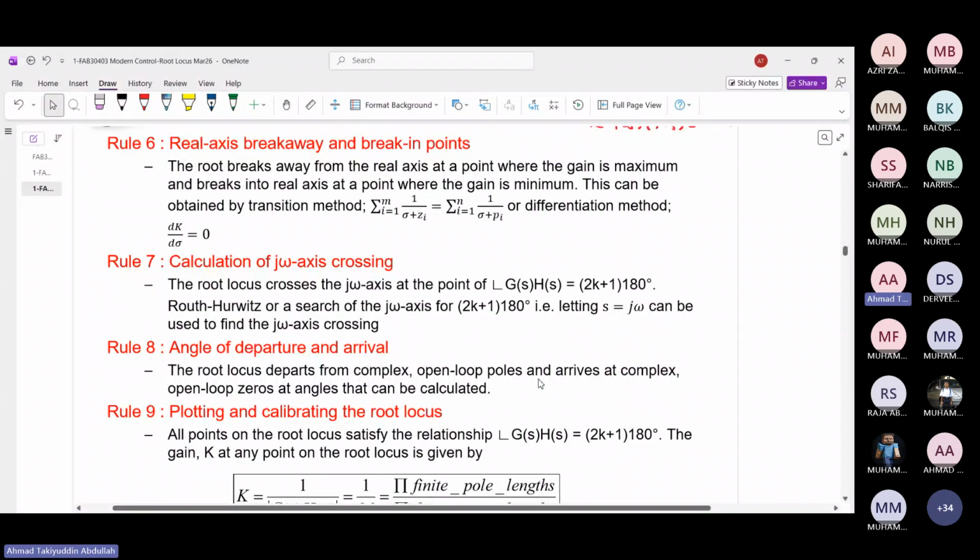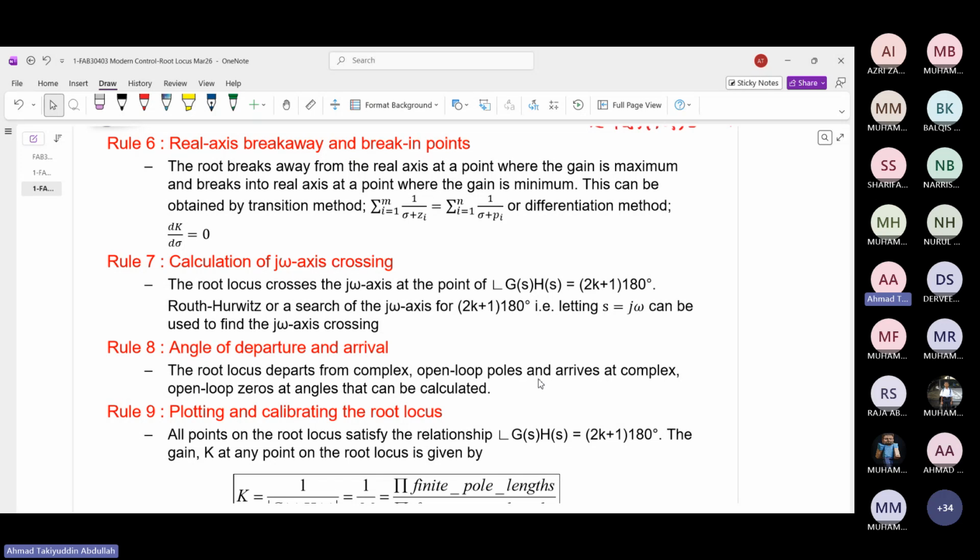Calculations of j omega axis crossing. Once it comes to this, these are the calculations of the j omega axis crossing, as well as real axis breakaway and break-in points, angle of departure and arrival. Plotting and calibrating the root locus is just the one you are supposed to do once you want to refine the plot.